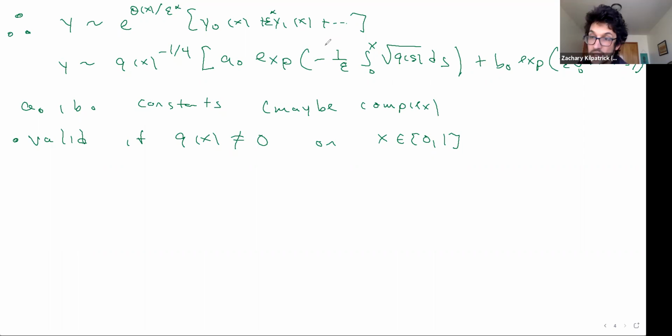But if it's all the same sign, then this never blows up, and I have exponentials that have the same sort of character throughout. So this is our leading order WKB approximation to our basic problem there. Okay. All right.